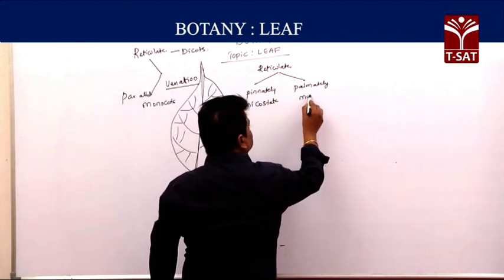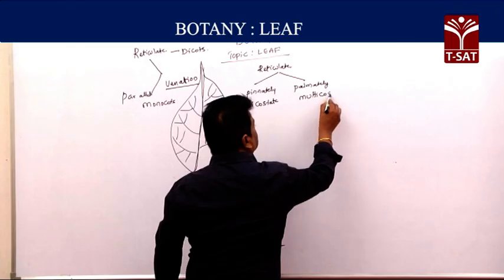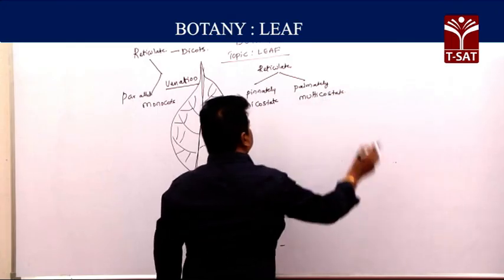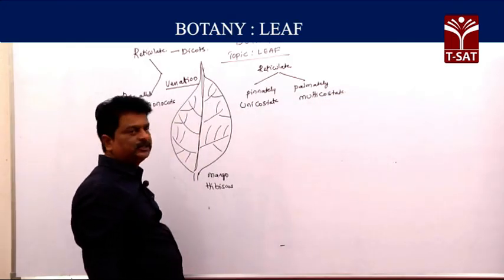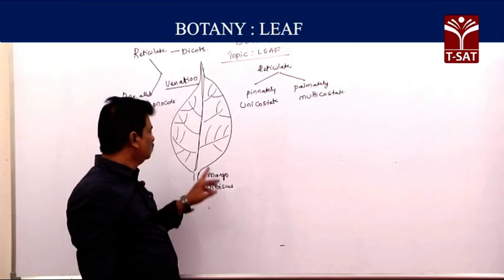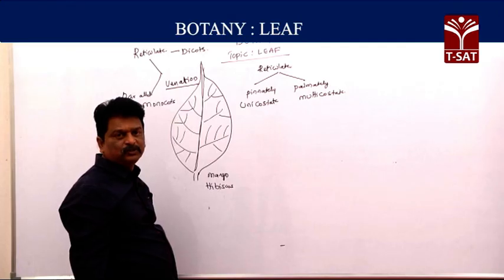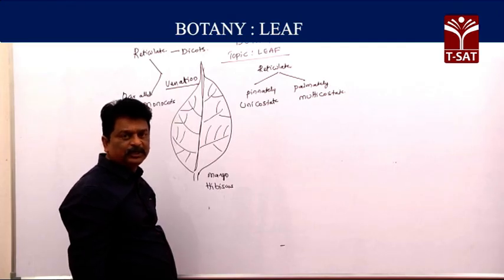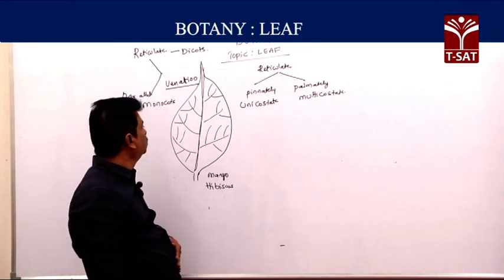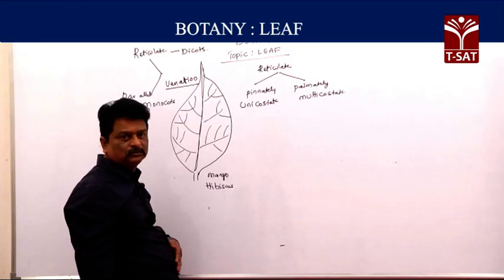Palmately reticulate is also called multicostate. Pinnately reticulate means only one midrib runs from base to apex, and it gives lateral veins and veinlets in a reticulate fashion, called pinnately reticulate venation.